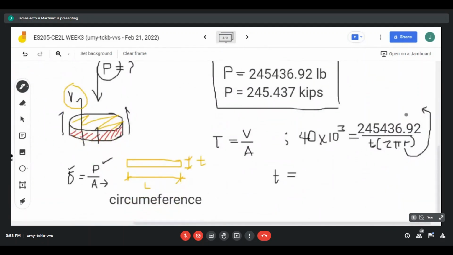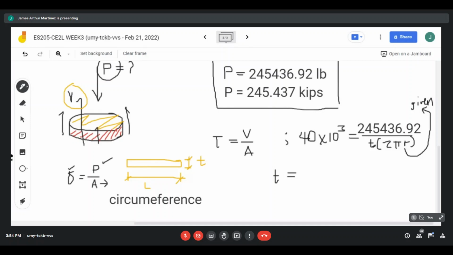Substituting, the allowable thickness of the plate is 245,436.92 divided by 2 pi times 2.5 over 2 times 40 times 10 to the power of 3, which is 0.781.